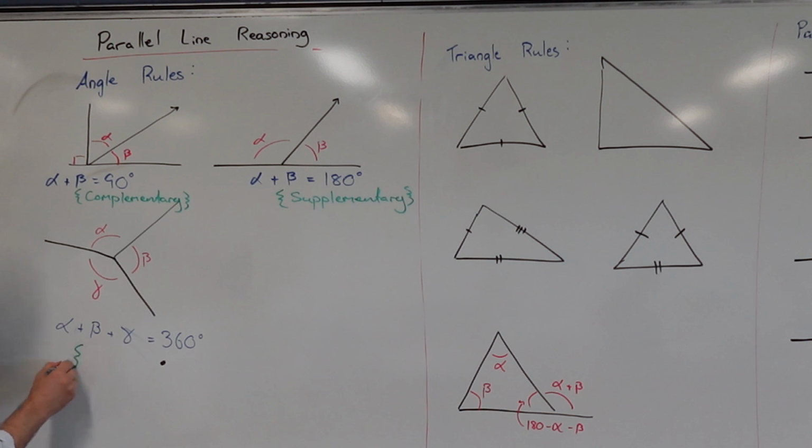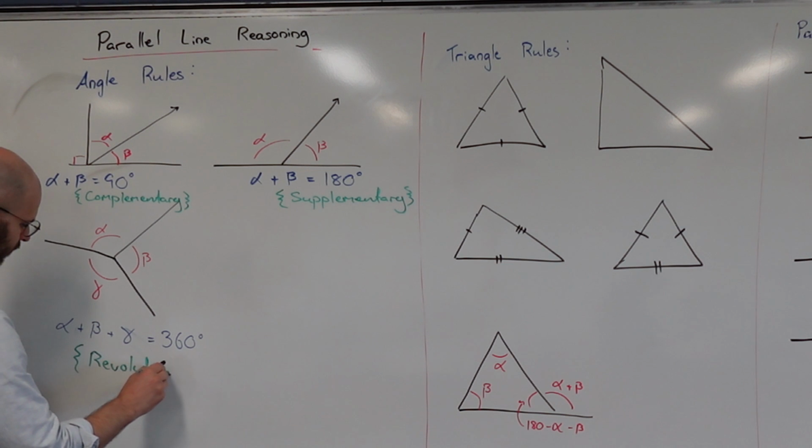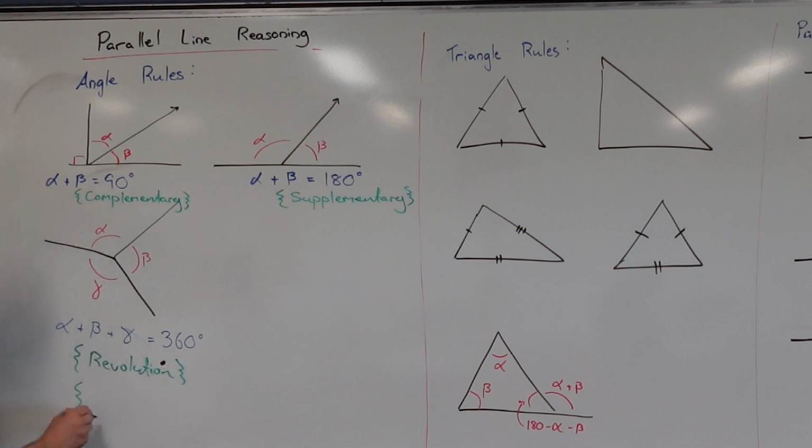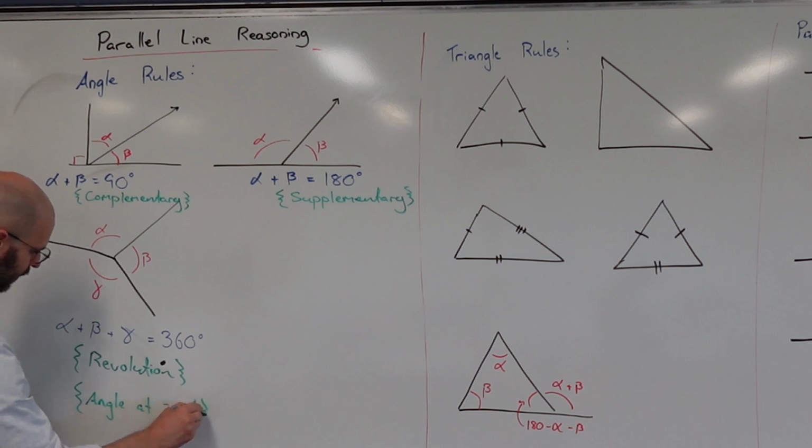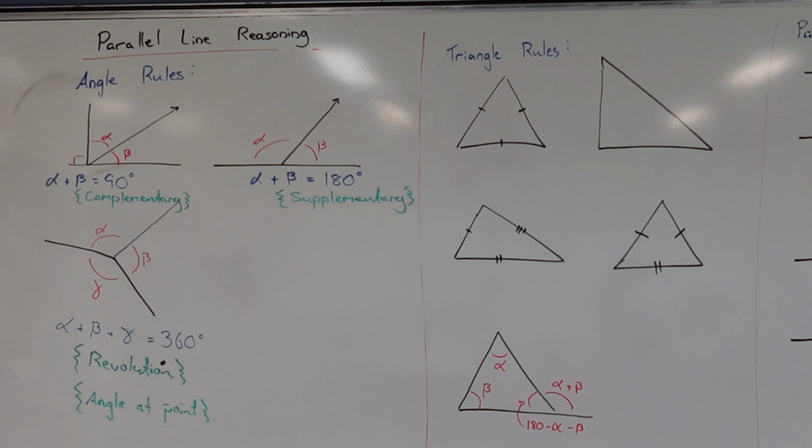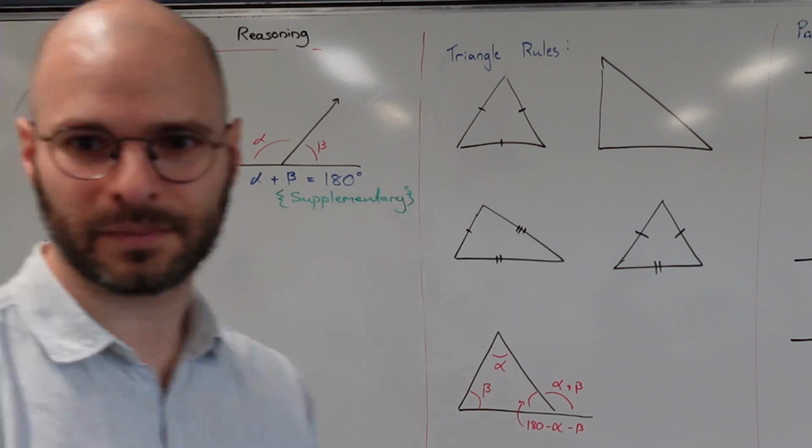It doesn't matter what, there's more things you could write, but you can do one of 2, I guess. You could say it's a revolution. Or alternatively, you can just call it angle at a point. It really doesn't matter what you decide to describe it as. Describe the first 2 as complementary, supplementary, but the third one, it's whatever you really want to call it in a way that makes sense.